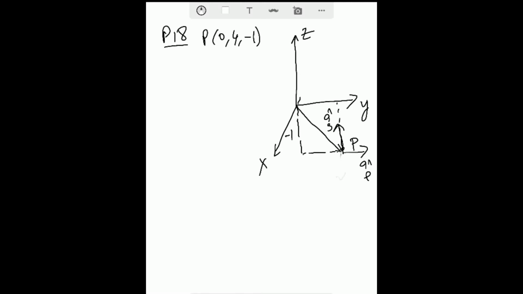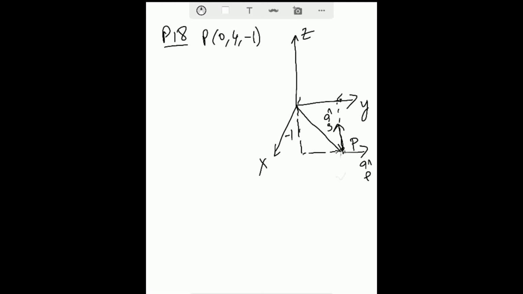And A phi will be going in the, because this is my cylinder here, and A phi should be perpendicular. So this is my phi plane actually.